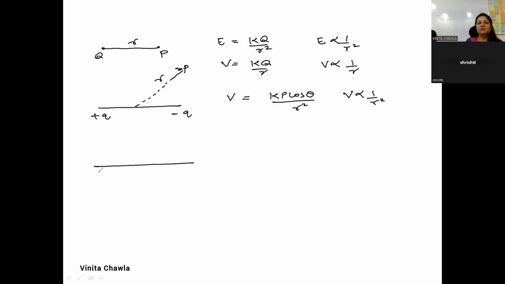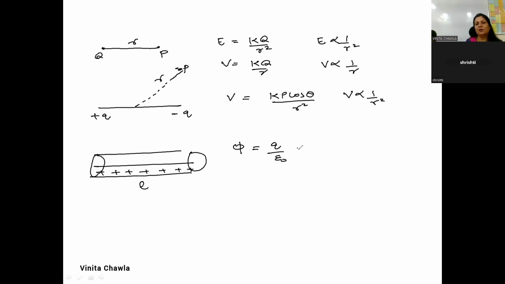And for a line charge distribution, if we find the electric field intensity due to a line charge, and we draw a Gaussian surface of length L, then we first find flux. Flux is Q upon epsilon naught. Q is lambda L upon epsilon naught. Also, we can write flux as E into ds, area.